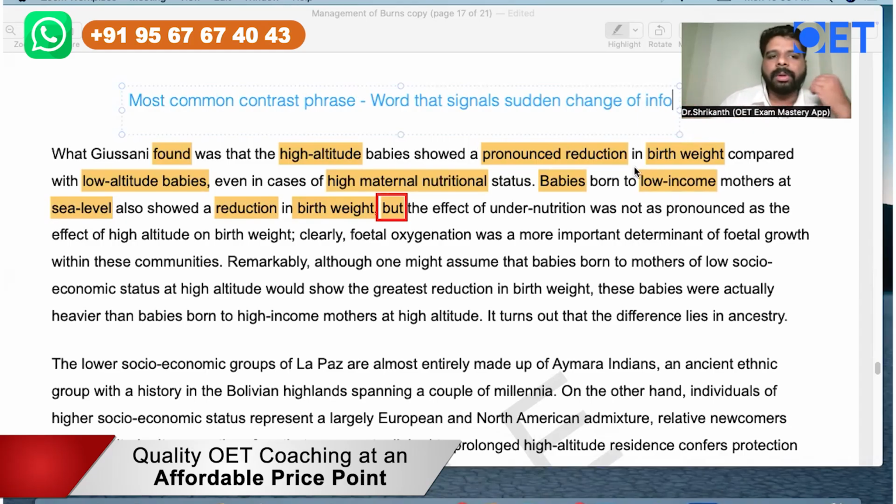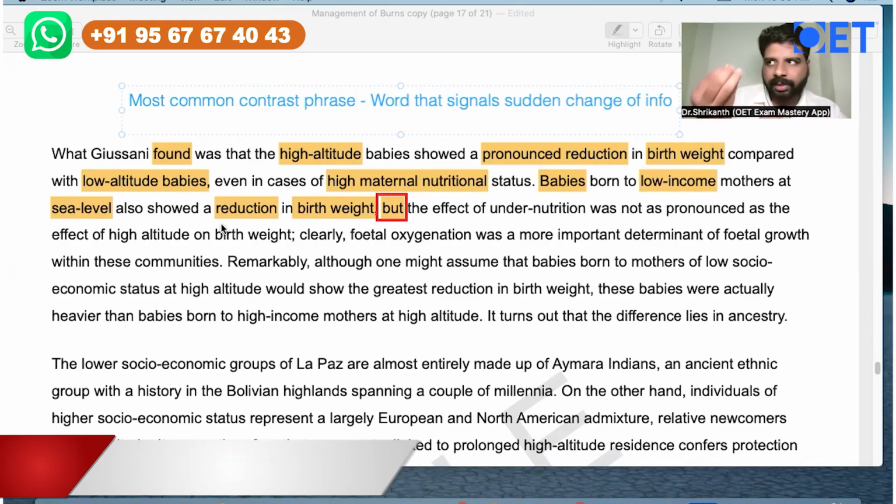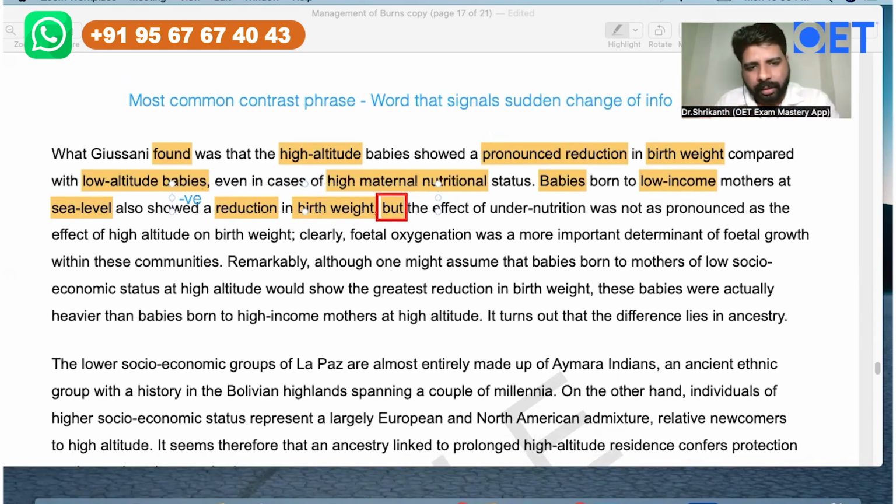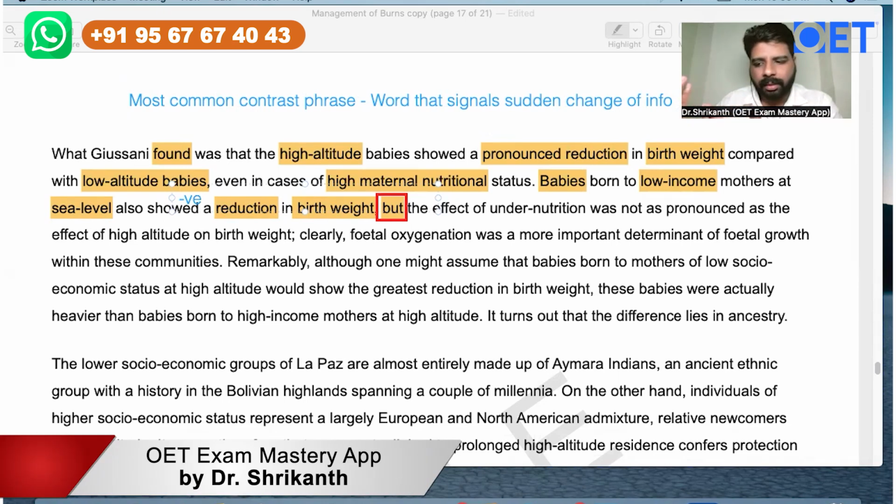Now see over here, what is the statement telling us? Babies born to low income mothers at sea level also showed a reduction in birth weight. So what kind of information is that? That is a negative information, right? Don't you think that is a negative information? Okay, so poor mothers, when they give birth at sea level, the negative outcome is that the baby's birth weight is less.